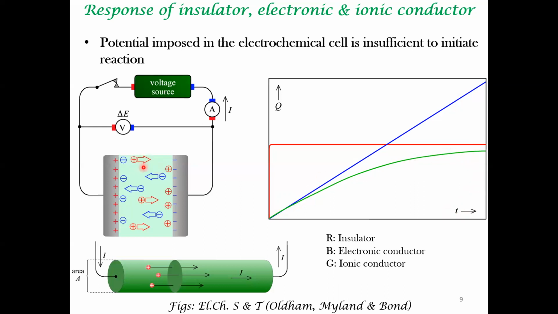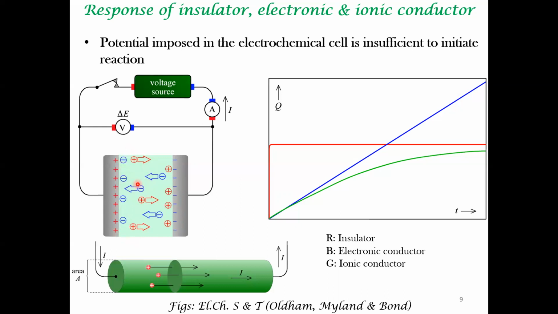Because all these ions have oriented themselves with respect to the free charges that are present in the electrode. So it is not that all the ions that are present will just accumulate here. That's not the real structure of the interface. There will be an exponential decay.